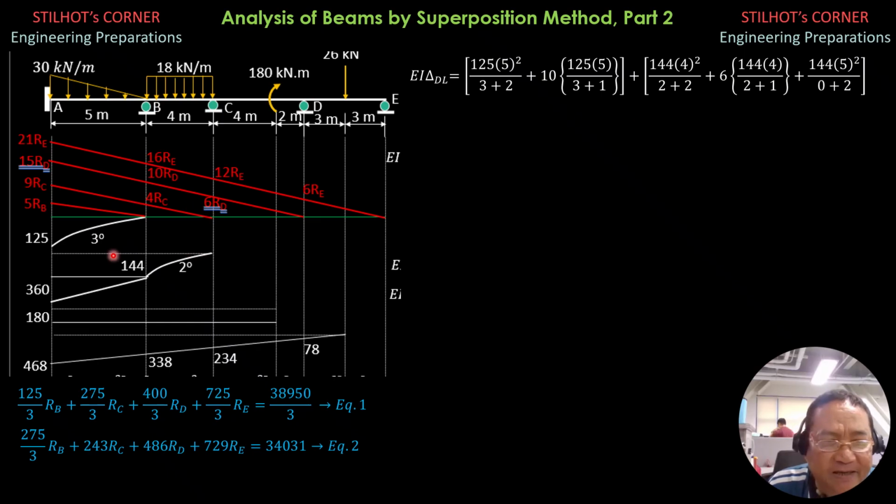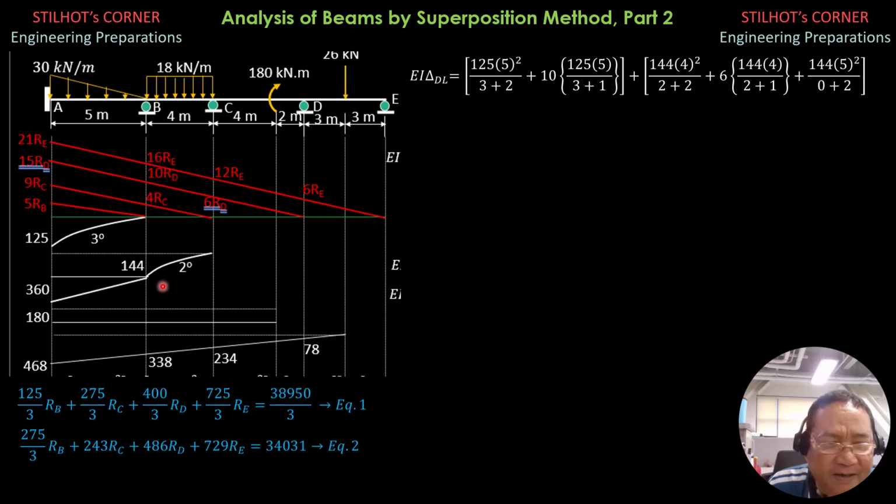For this moment diagram, this has two effects, deflection and slope, which is 6 times the theta here. So deflection first, 144 times 4 square over second degree plus 2. Then slope is 6 times moment, 144, length 4 divided by second degree plus 1.